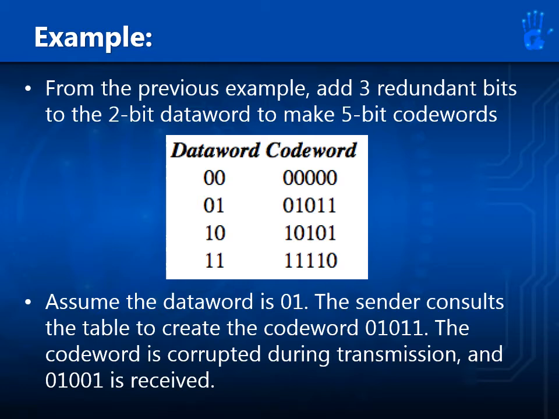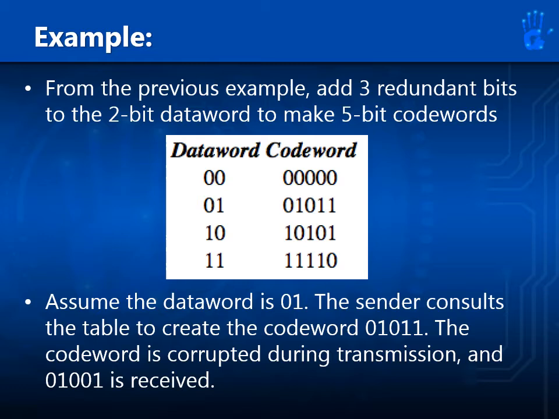So the receiver checks if 01001 matches any of the possible code words, which it will see that it doesn't match any, so it will disregard it and judge it as an error message. But in case that both bits of the data word were changed during the transmission, let's use the example 01011.